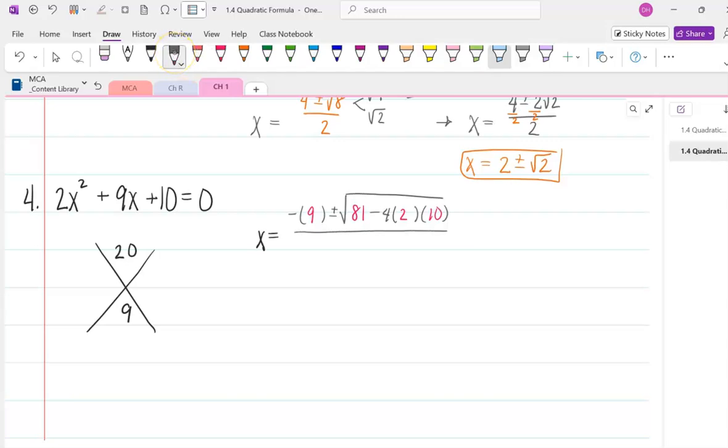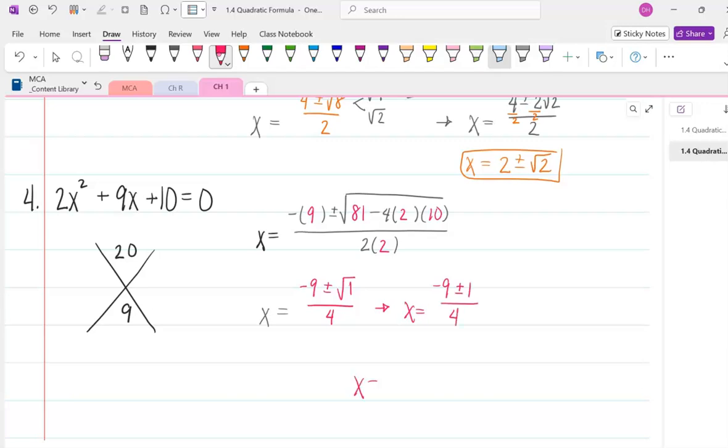divided by 2 times a. So let's go ahead and reduce things. So we've got x equals, that's negative 9 plus or minus the square root of 81 minus 4 times 2 times 10. That's the square root of 1. And then divided by 4. So this reduces, let's see, so we've got x equals negative 9 plus or minus 1 over 4.